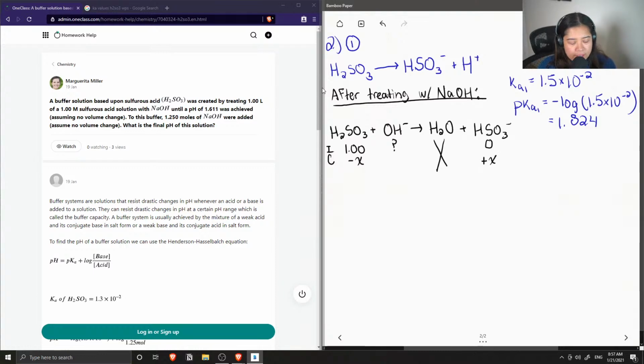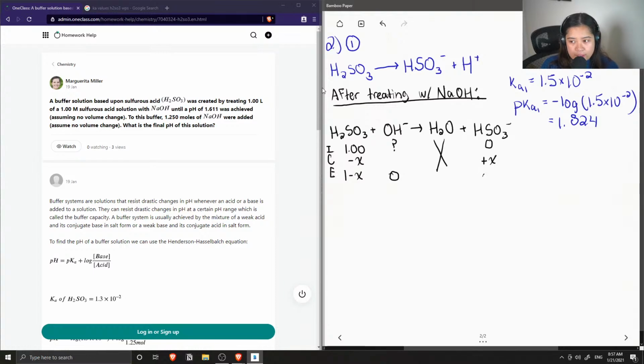And the reason why I didn't put the change for my hydroxide is because at equilibrium, we know that for H2SO3, it will be 1 minus X. And for the hydroxide, it's just going to be 0 because we added it until a certain pH.